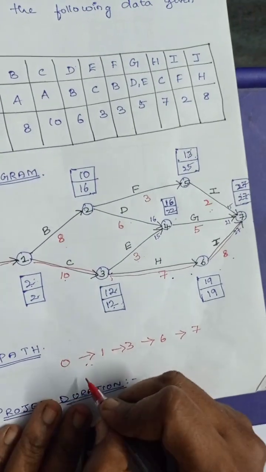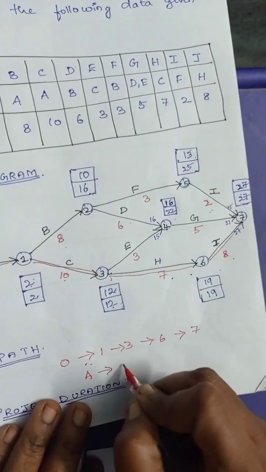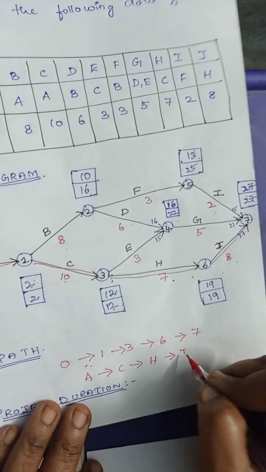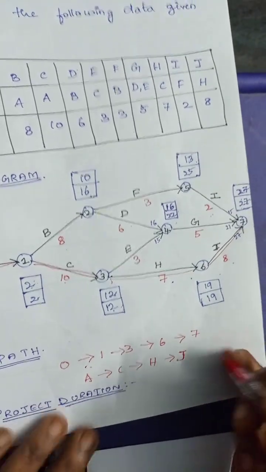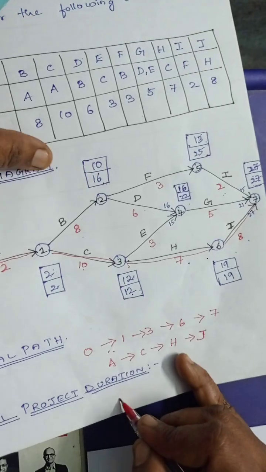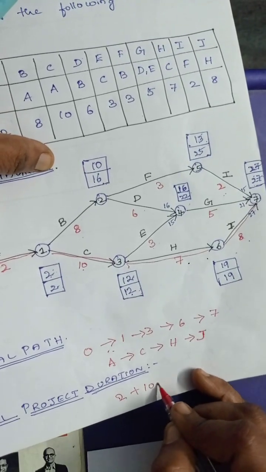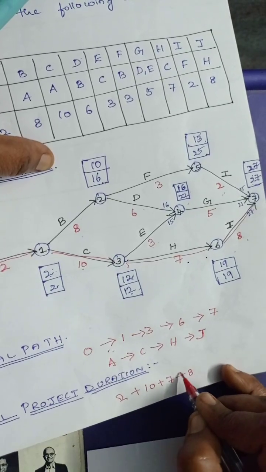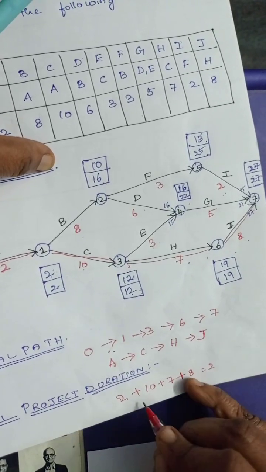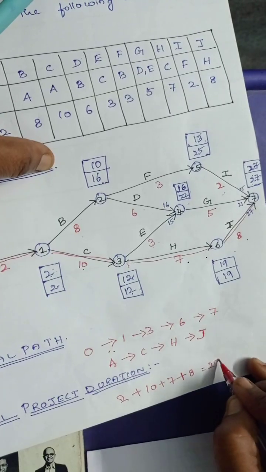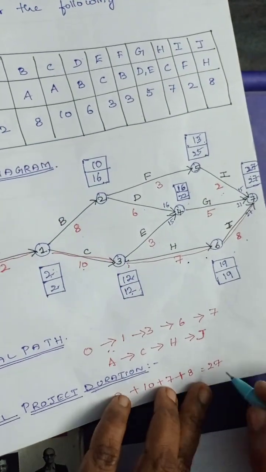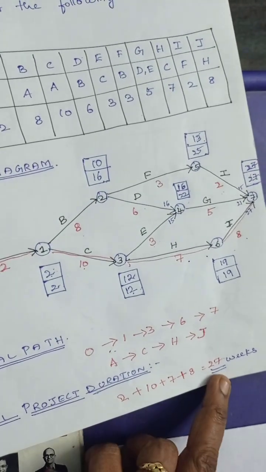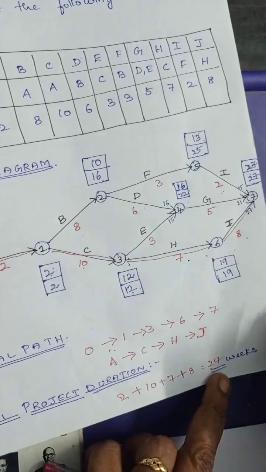Or else you can write it as A to C, C to H, H to J. And the total project duration is 2 plus 10 plus 7 plus 8. That is equal to 12, 19, 27 days. It is given in weeks, so it is 27 weeks. So the total project duration to complete this project is 27 weeks.